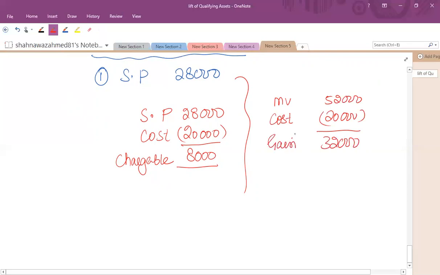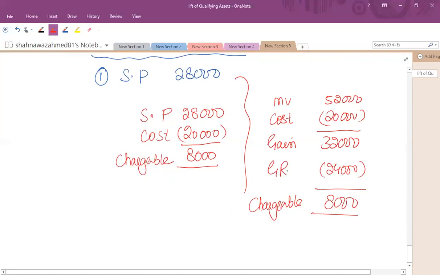Now from this gain the chargeable element is 8,000. So that means the element of gift relief is a balancing figure, that is 24,000.